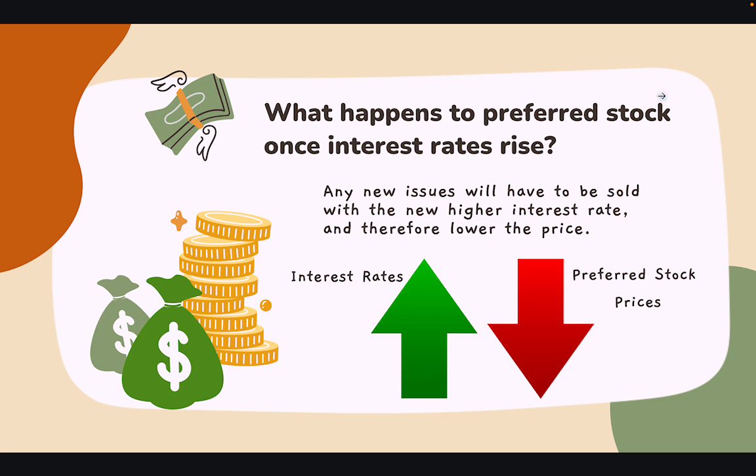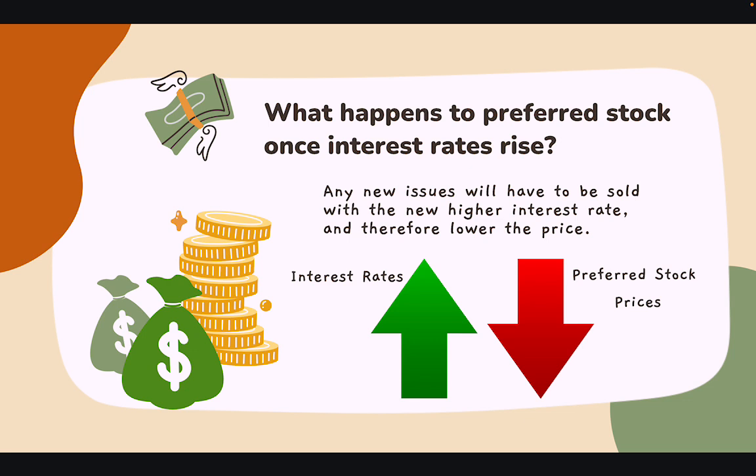Okay. So here's a question that you need to know and understand this concept. What happens to the preferred stock once interest rates rise? Okay, let's think about this logically. So first of all, preferred stock in many respects is similar to a bond. Okay, and we know that as interest rates rise, bond prices fall.